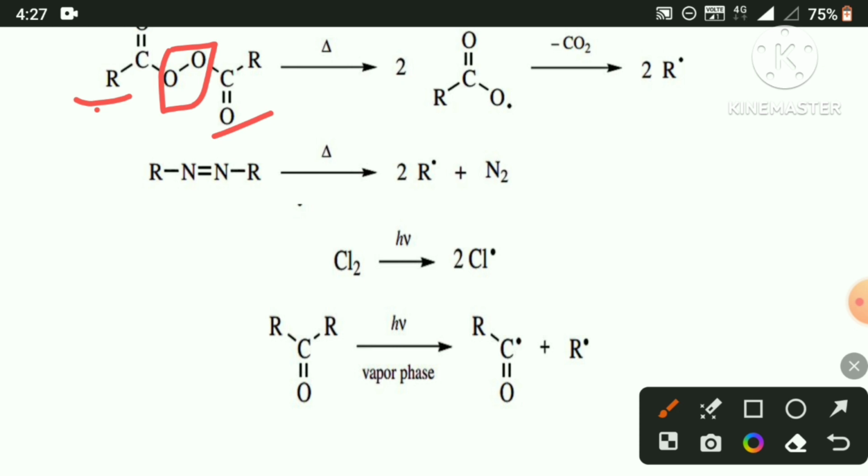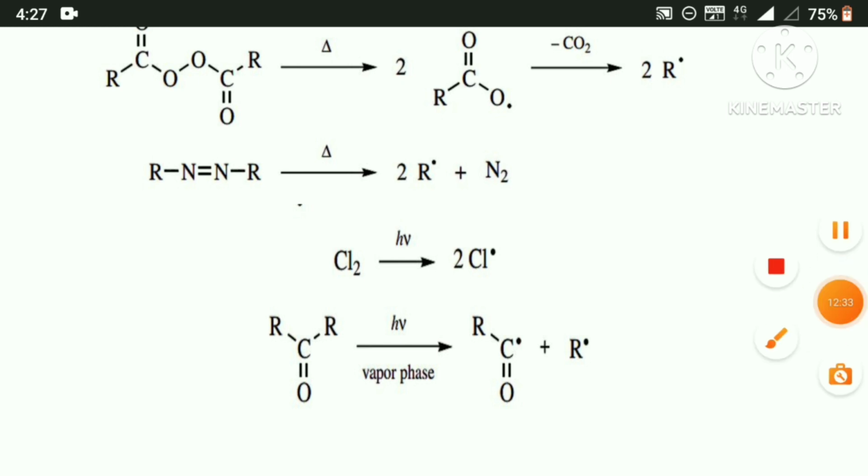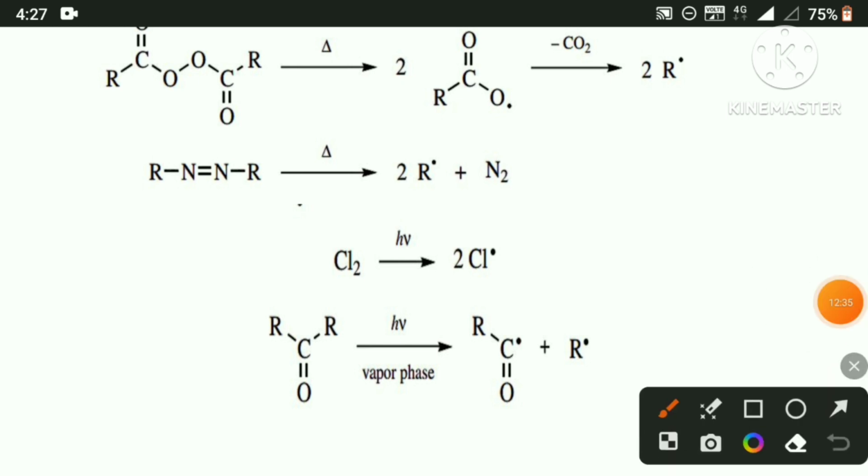Peroxide linkages are highly unstable. It undergoes homolytic fission when the substance is heated. One of the bonded electrons goes to one oxygen atom, and the other electron goes to the other oxygen atom. This leads to a carboxylate radical.